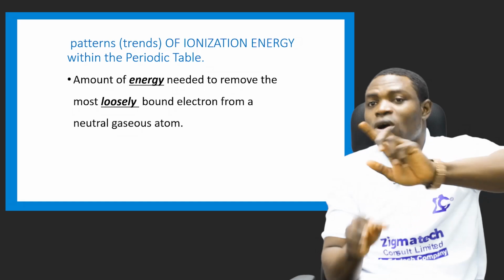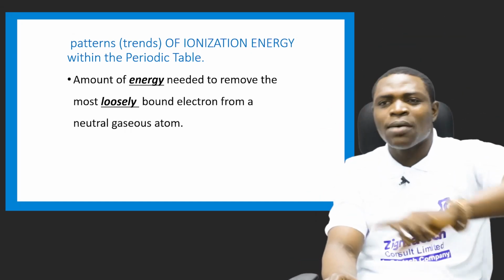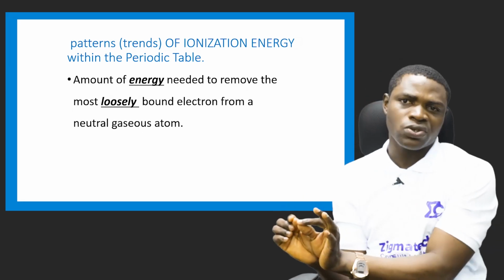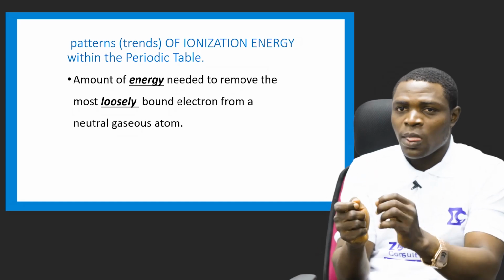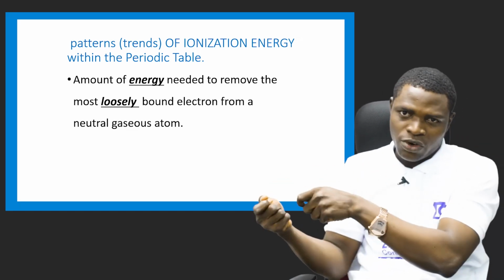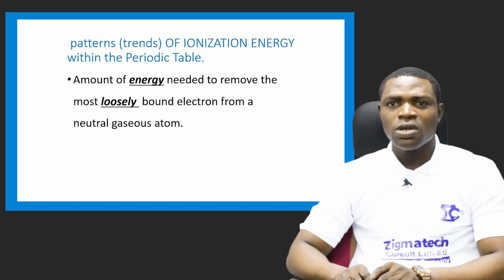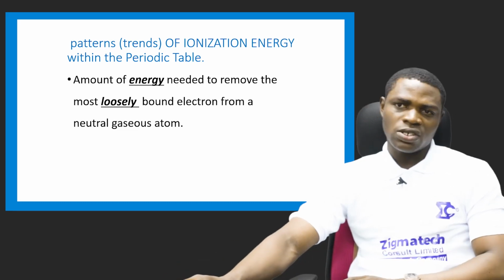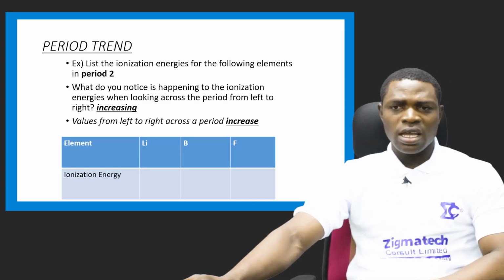It is this electron, and not just any electron, the electron at the outermost shell, that is the most loose, and that's why I'm saying here the total amount of energy required to remove the most loosely bound electron from a neutral gaseous atom. This is what we call ionization. And let's trace it through the period and the group.